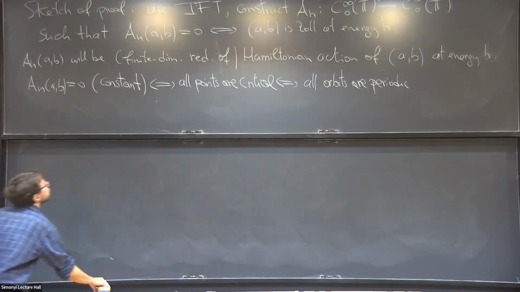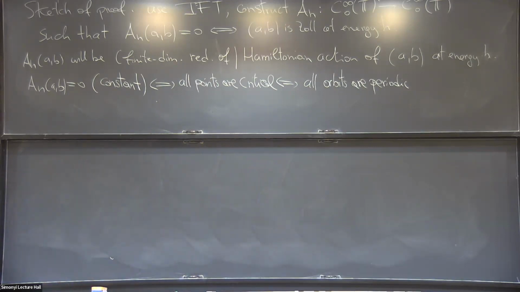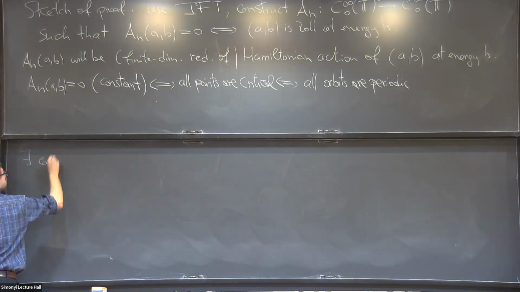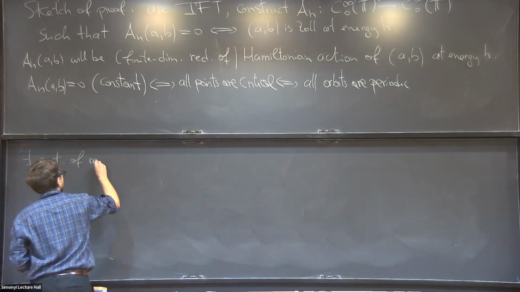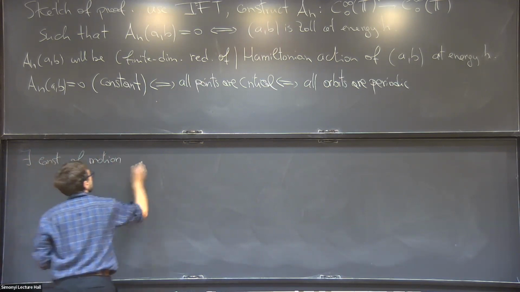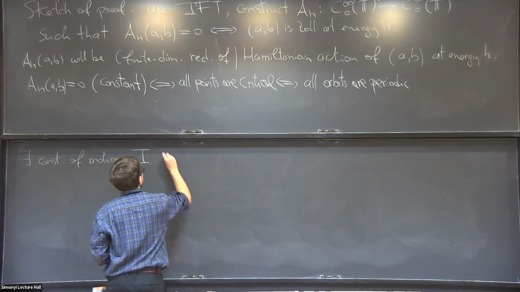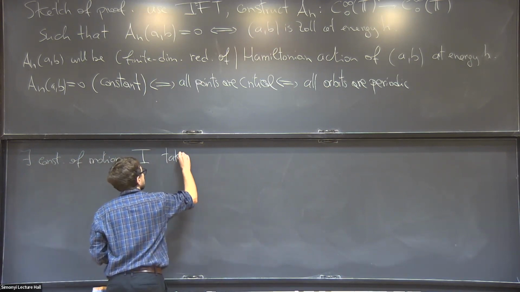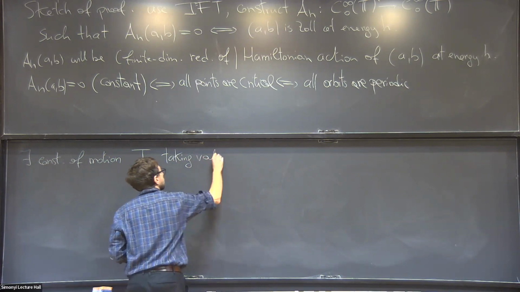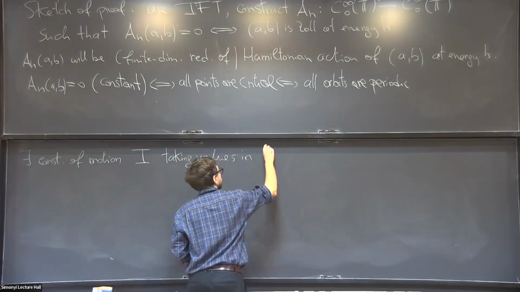So how are we going to define this? Let me see. Okay, so first thing, I know that there exists a constant of motion, let's call it I, taking values in the unit circle.